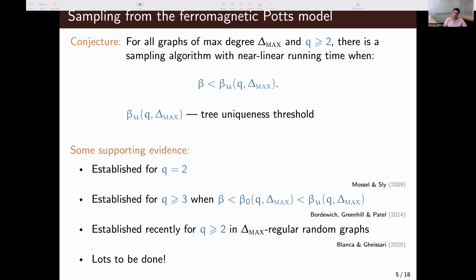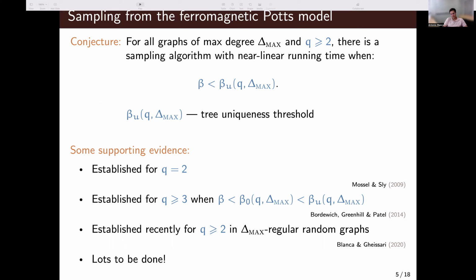And this threshold is the so-called uniqueness threshold for the tree, that essentially corresponds, in the tree, to a phase transition between the cases where there is only one versus multiple infinite measures that locally agree with the Potts measure.